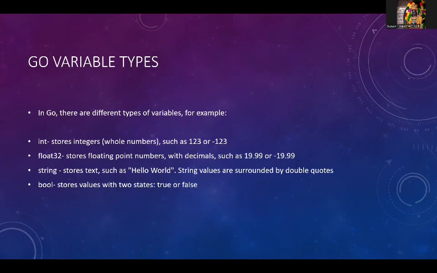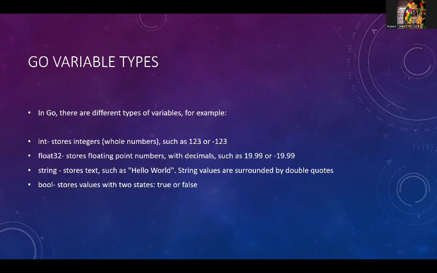The first one is integer, which is used to store whole numbers, for example 123 or minus 123. Float32 stores floating point numbers with decimals, such as 19.99 or minus 19.99. If a user wants to store a string in a variable, they need to declare the variable using string.